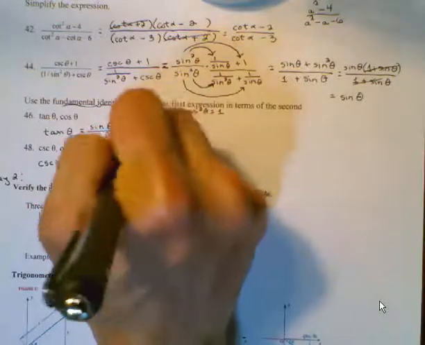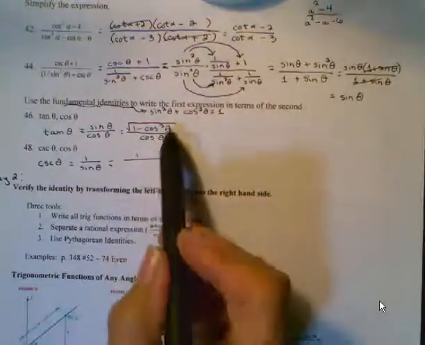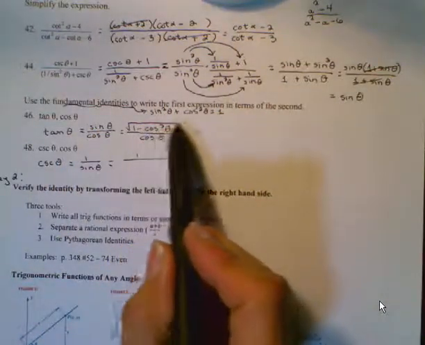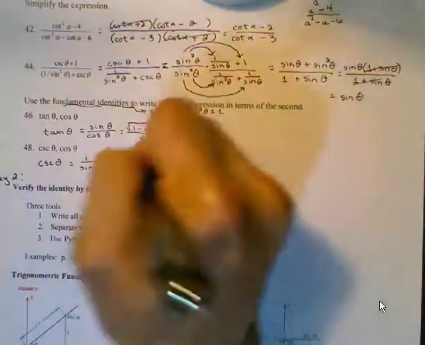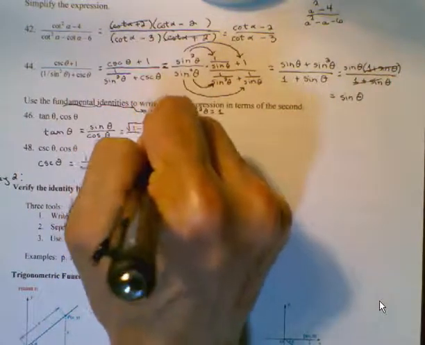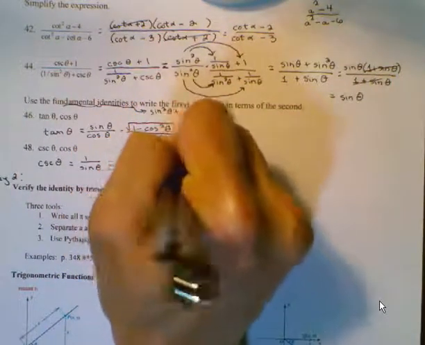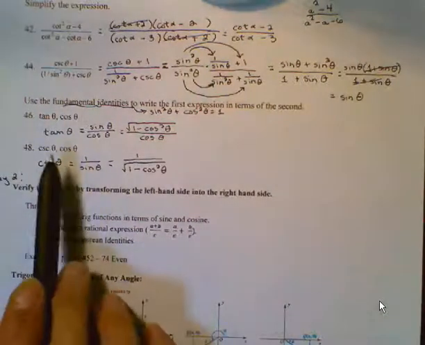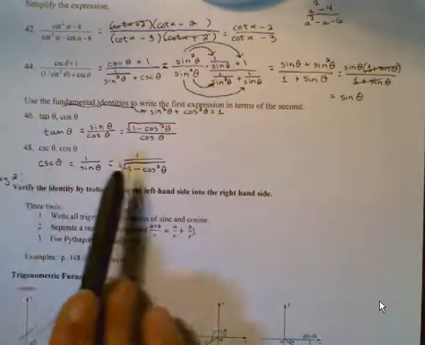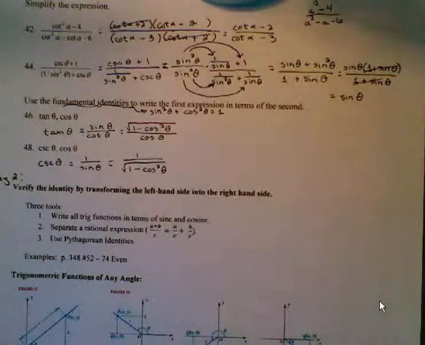So cosecant theta is 1 over whatever I can put in place of sine theta that only has cosines in it. We said sine theta equals the square root of 1 minus cosine squared theta. So we can take one trigonometric expression and write it in terms of other trigonometric expressions.